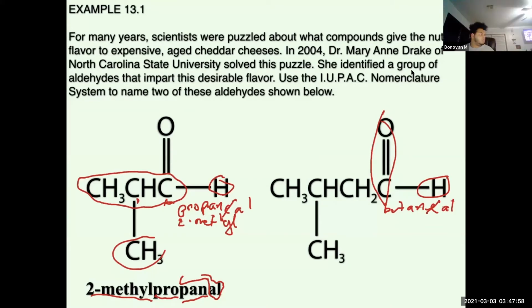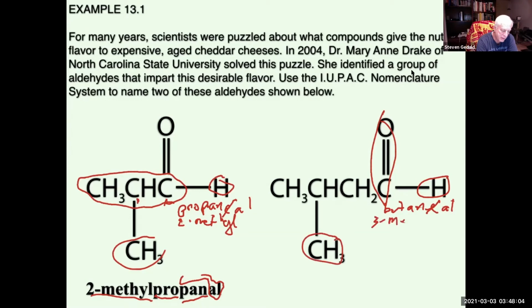Then at number 1, 2, 3, at number 3, there's a methyl group. So we got 3-methyl. Put it together, we got 3-methylbutanal. Those are 2 aldehydes right there.